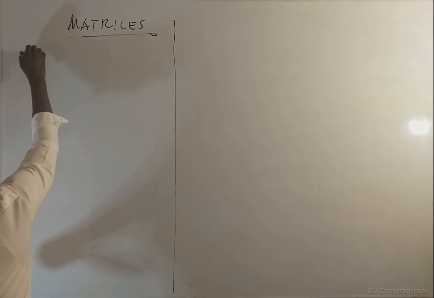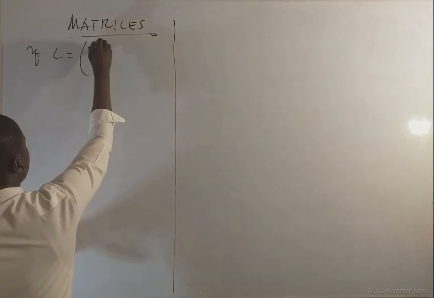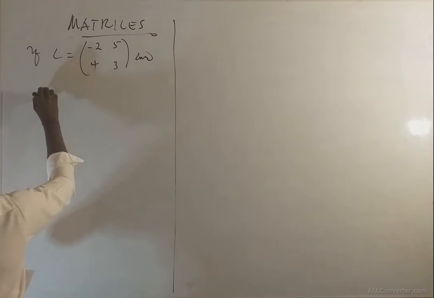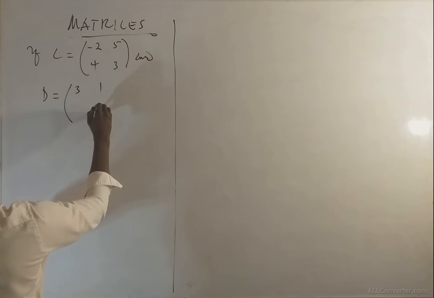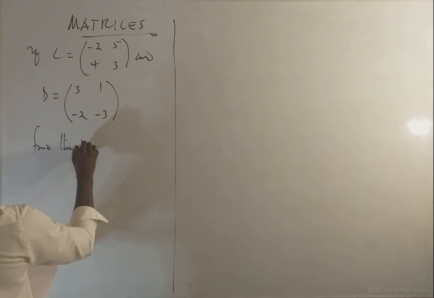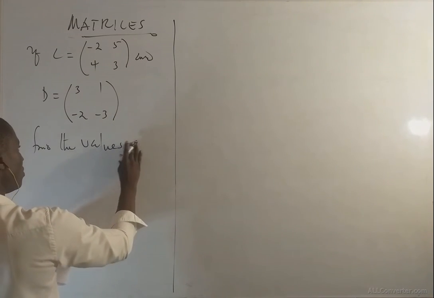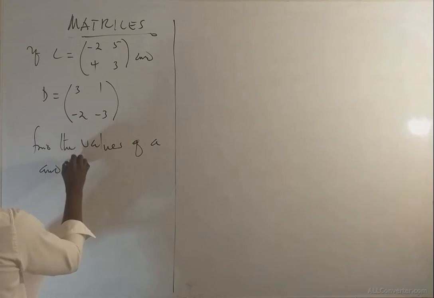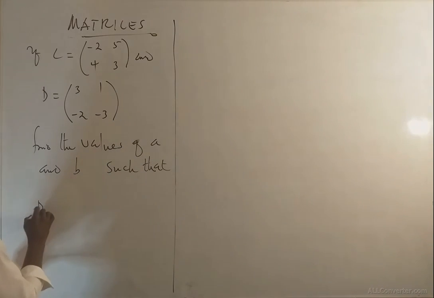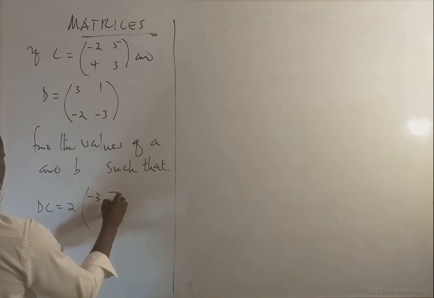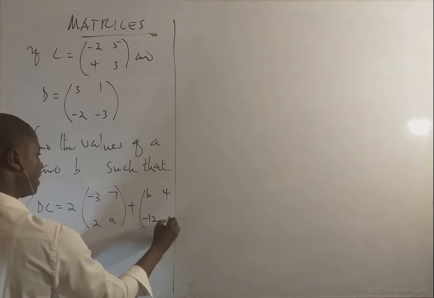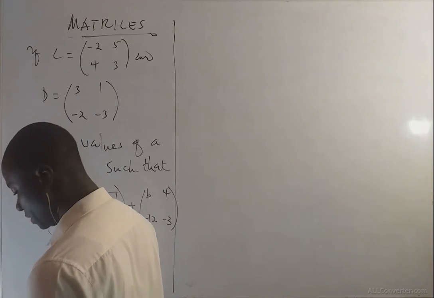Now, if C equals (-2, 5; 4, 3) and D equals (3, 1; -2, -3), we have to find the values of A and B such that DC equals 2 times (-3, 7; 2, A) plus (B, 4; -12, -3). Okay, so this is the question you are given to solve.